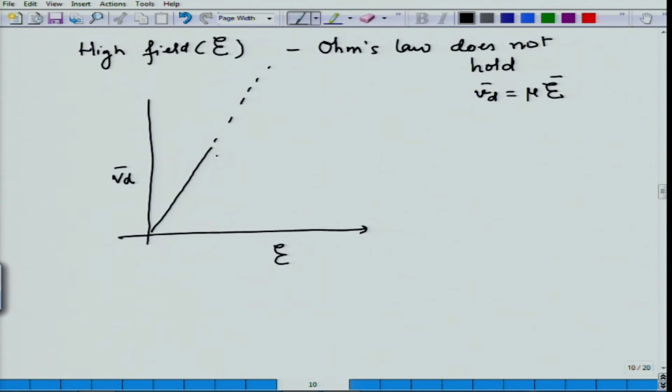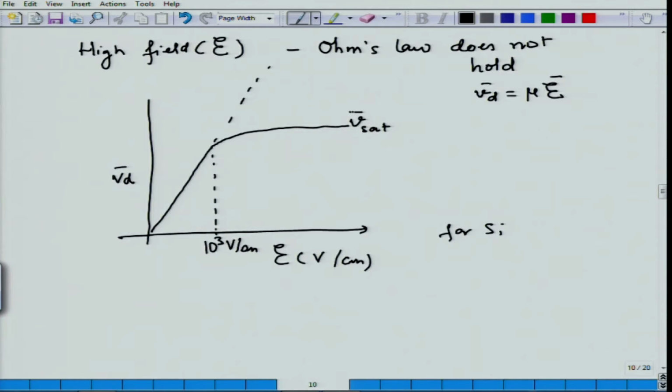This linearity holds up to a certain field, which for silicon is about 10 to the power 3 volts per centimeter. After that it no longer follows Ohm's law, and it saturates to a value which we call V saturation.